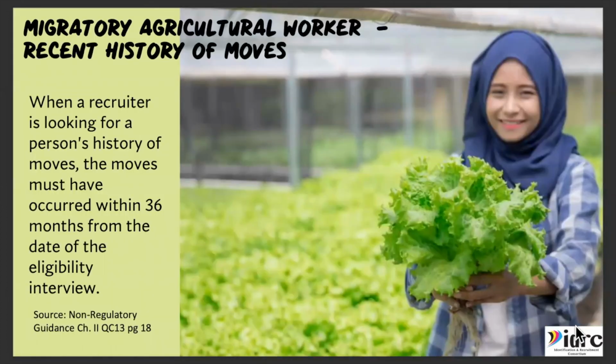When a recruiter is looking for a person's history of moves, the moves must have occurred within 36 months from the date of the eligibility interview. And so when you're conducting the eligibility interview and looking to see if a person has that history of moves, it's always important to start from the date of the eligibility interview and work backwards through their history until you get to that 36 months.